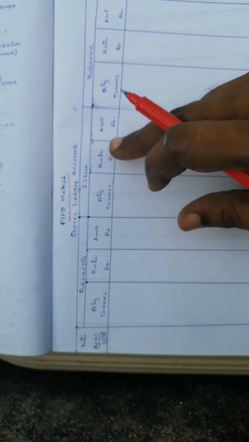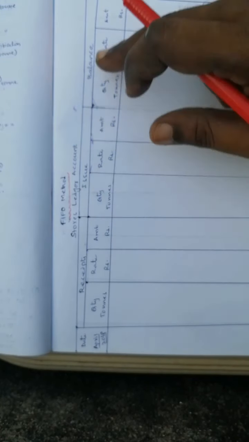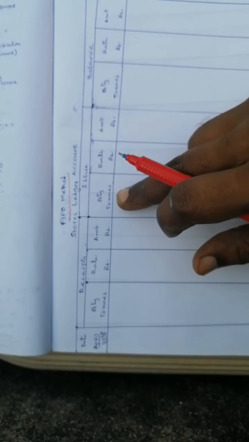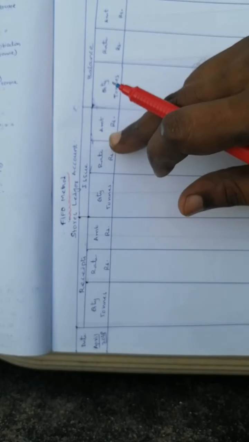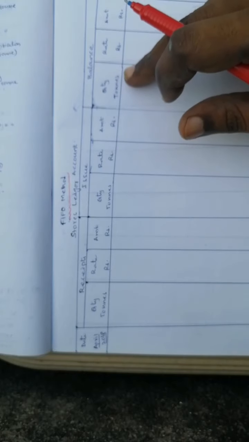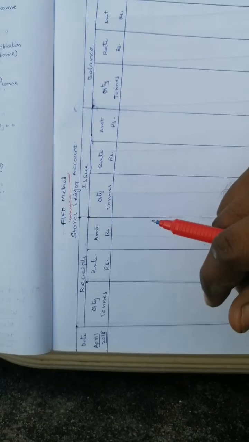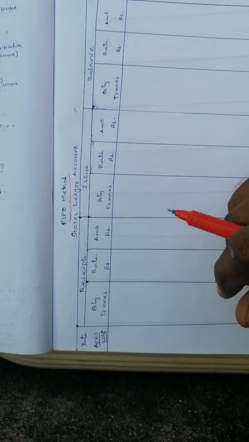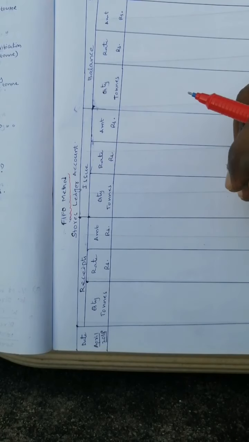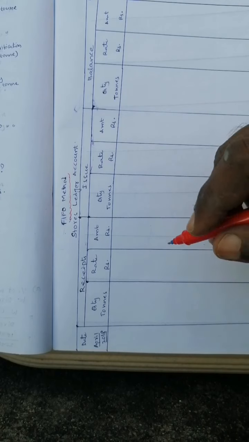Similarly, same three columns are there in the issue and balance: quantity, tons, rate rupees, amount rupees. These are the columns or the pro forma for the stores ledger, either in the FIFO method or LIFO method, or even in the case of simple average and weighted average method also.